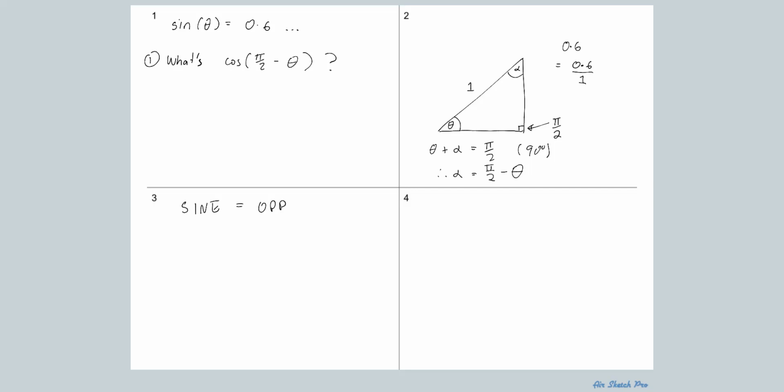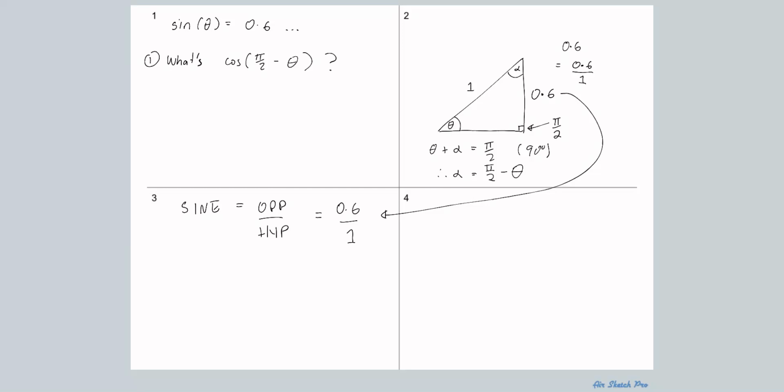Sine equals opposite over hypotenuse, which is equal to 1 for our hypotenuse, which means our opposite must be 0.6. So I can label my side here as 0.6. It's got to be.